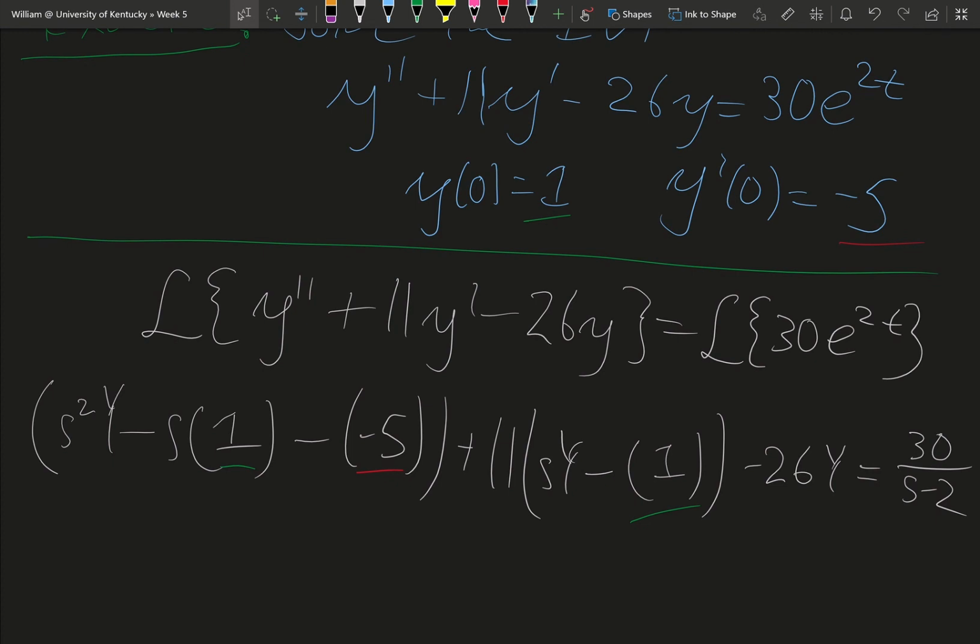All right, so continuing through, we should get s squared plus 11s minus 26 times y, and then minus s plus 5 minus 1.